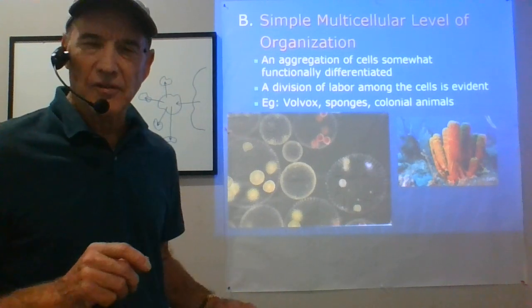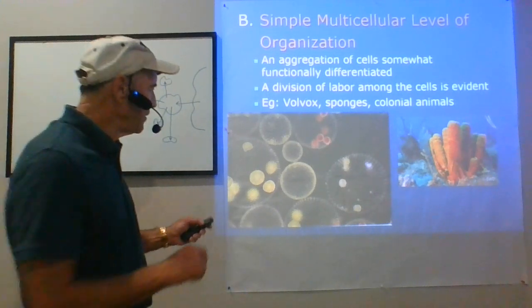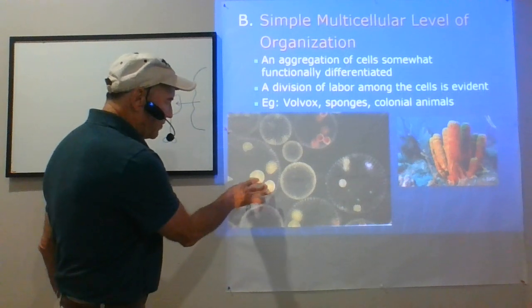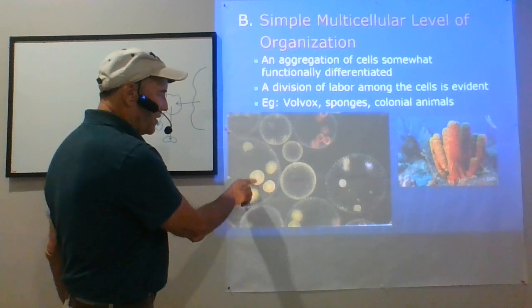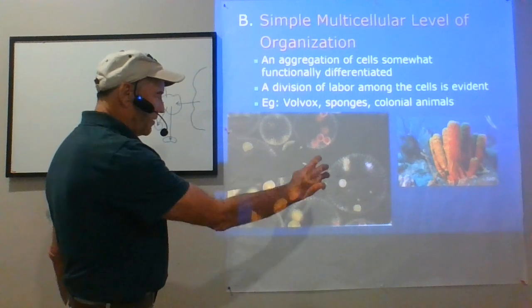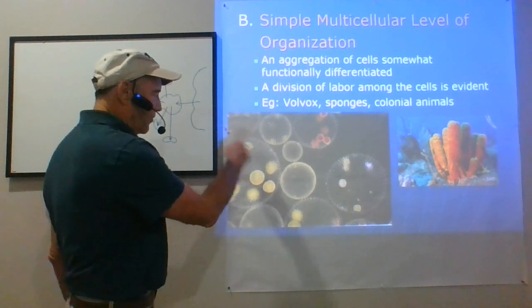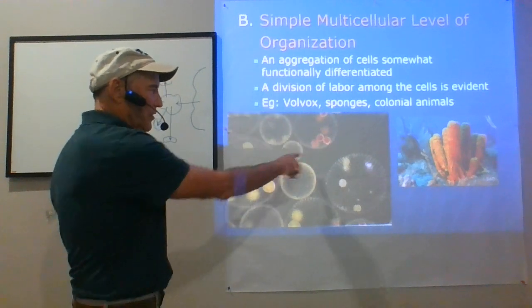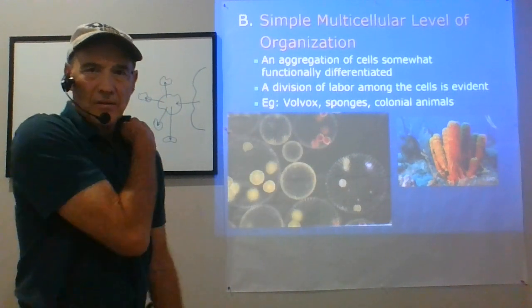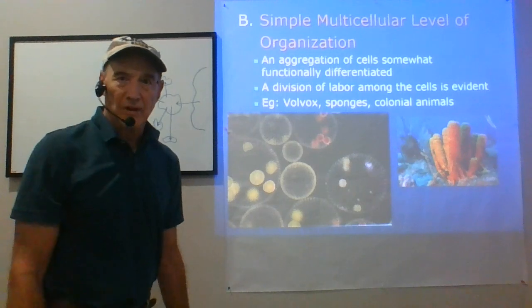So it's a colony of cells. In here, these are cells that are undergoing reproduction and creating a new volvox, and it will leave this. So this is one volvox, and this will leave that and grow up to become another colony, an adult volvox.